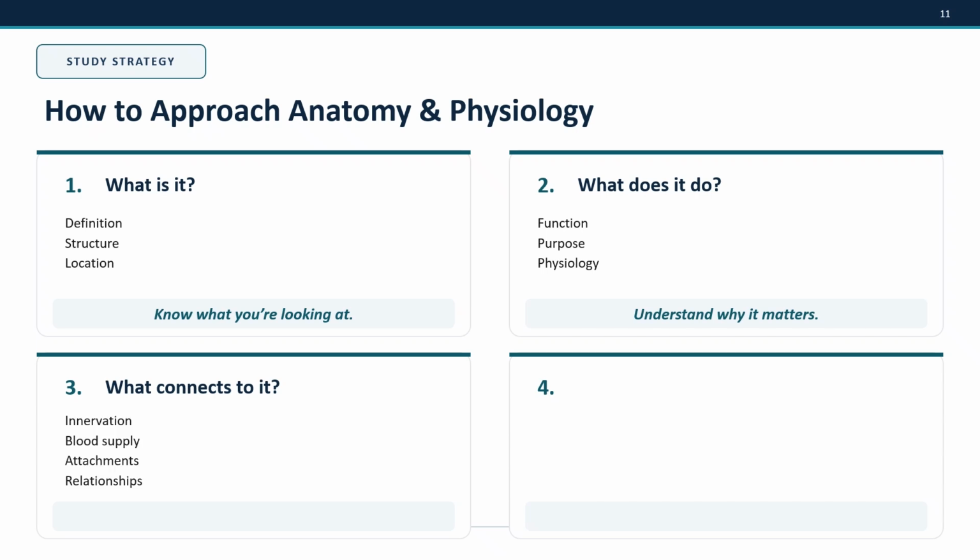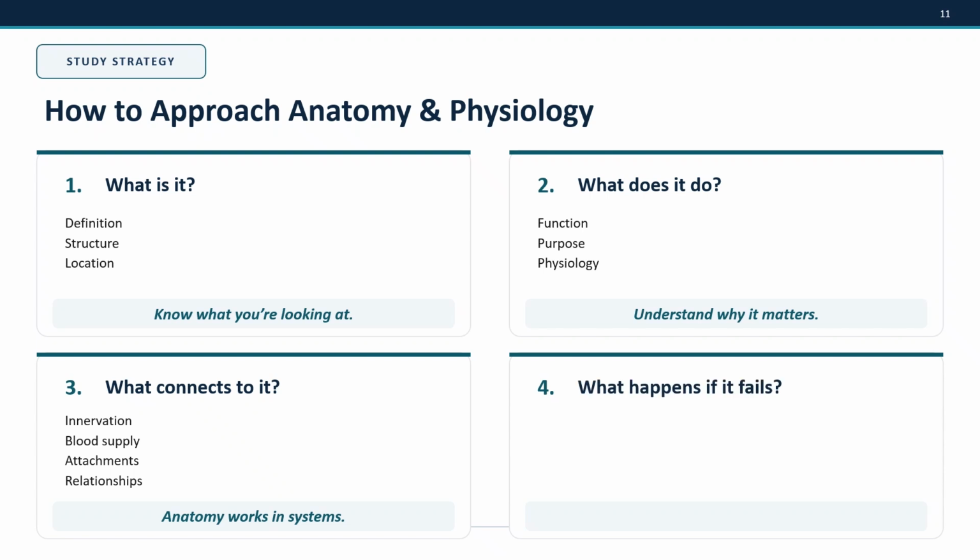I can look at the nerve innervation, the blood supply, the different attachments, the different relationships to other structures around it. You have to remember that anatomy works in systems. So you essentially pick something, identify everything about it, then start looking around at the connecting structures.